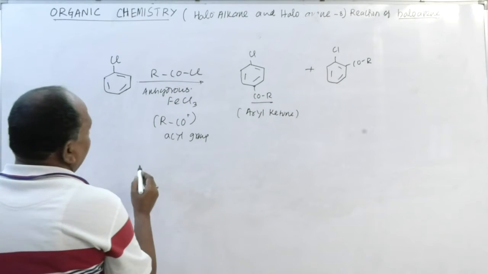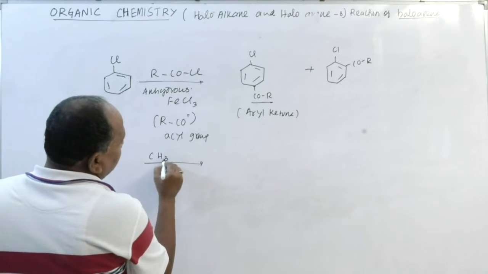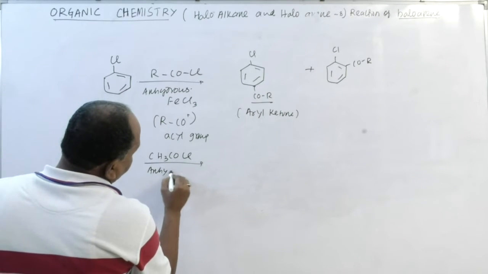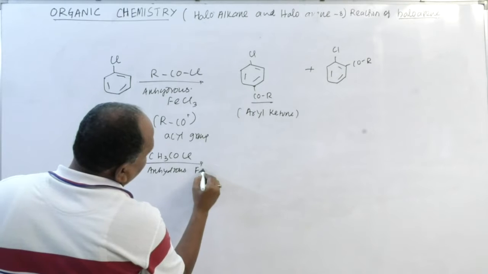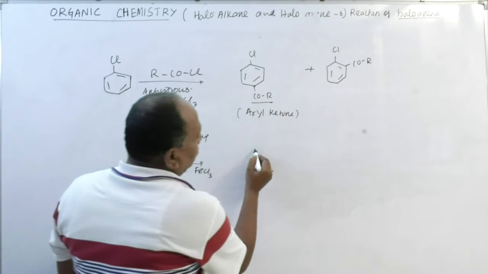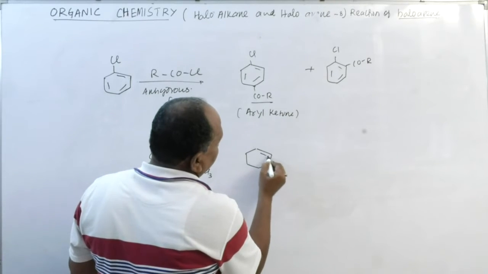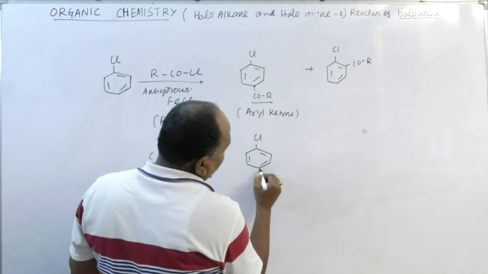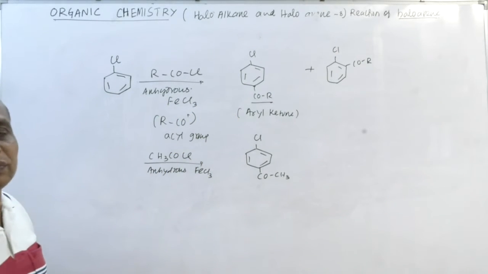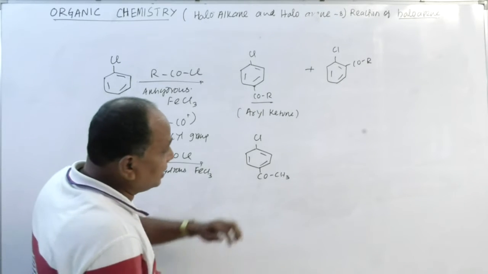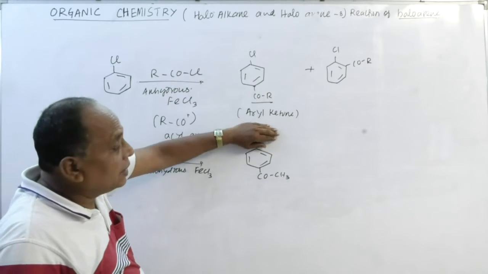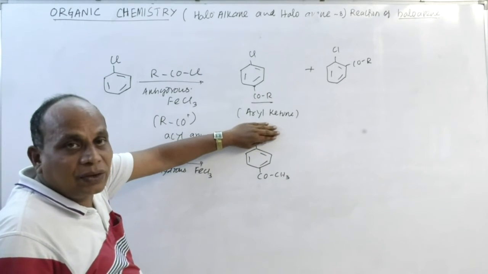Suppose you take chlorobenzene treated with CH3COCl in presence of anhydrous ferric chloride. What will it give? Cl is here, and COCH3 is substituted here. If there were no chlorine, it would simply be called acetophenone, meaning CH3CO with the phenyl group C6H5.